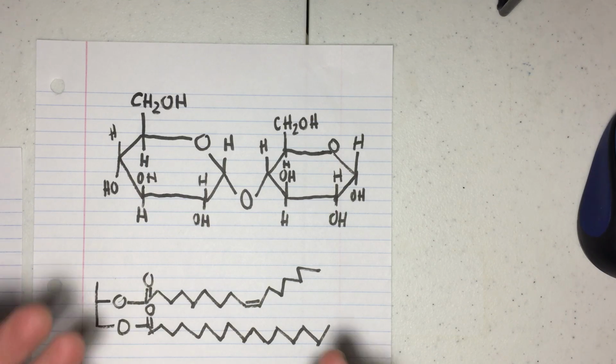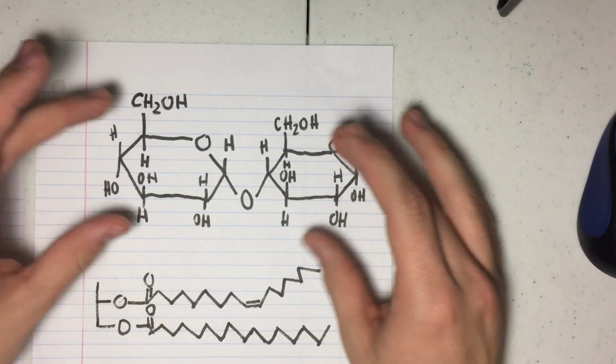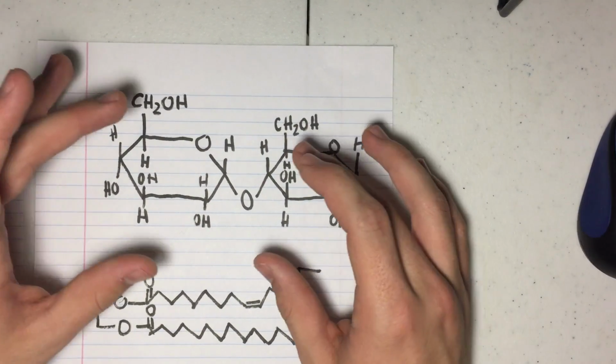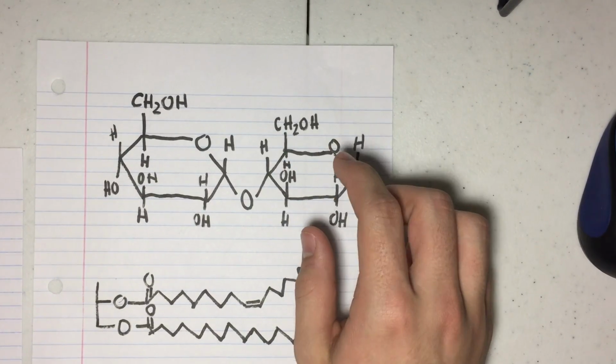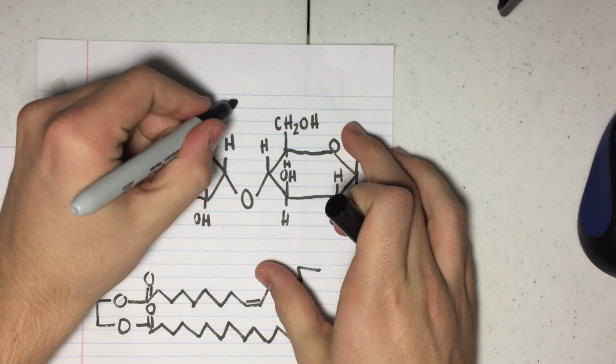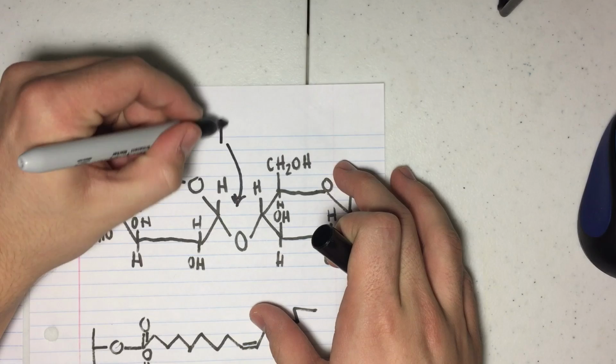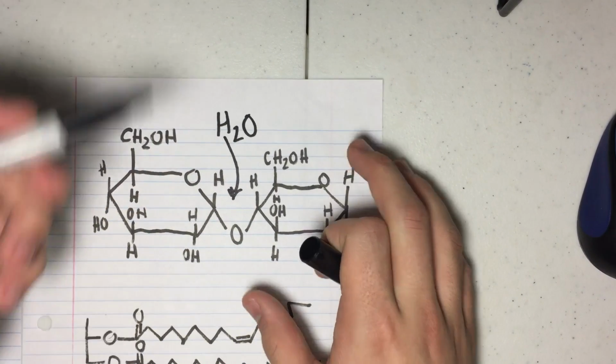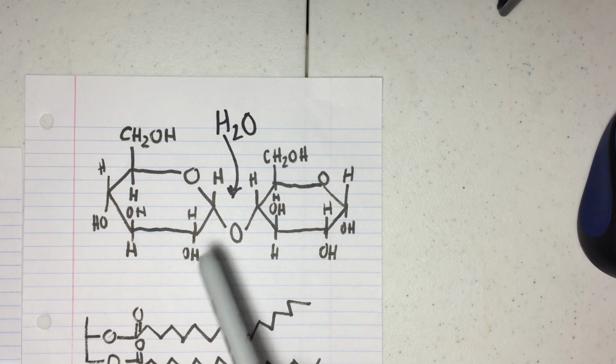And so basically in a reaction, the reaction to split these apart would be hydrolysis. And so you would add water to this, and that would break it and put an OH group on one side and an H group on the other. Oh no, it'd put two OH groups on each side.